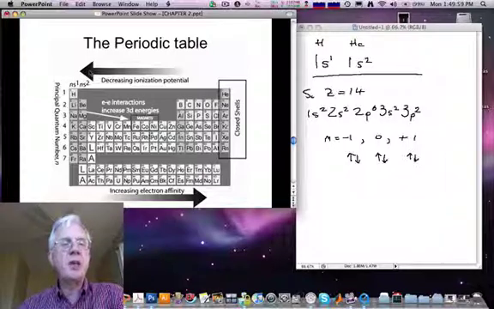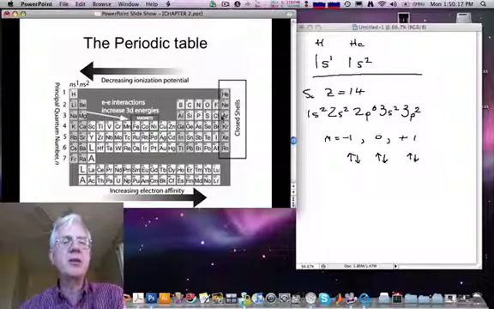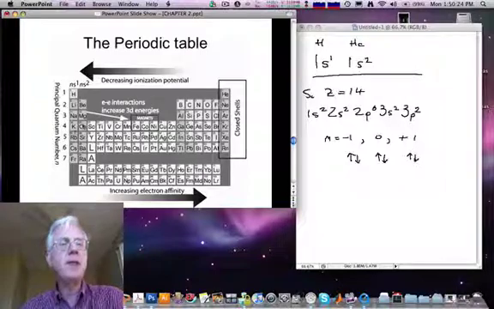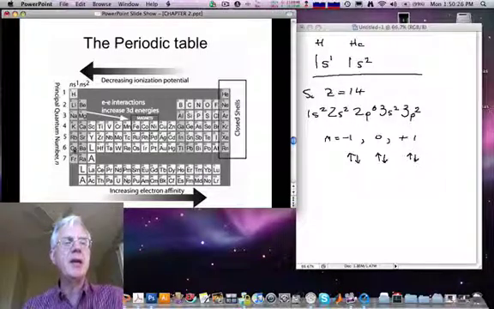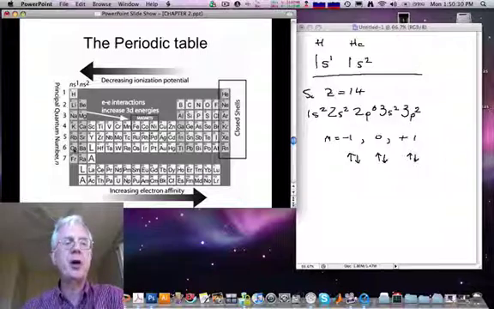The opposite of ionization potential is electron affinity, which is the energy gained by adding an electron to form a negative ion. So chlorine really loves to form a negative ion, for example, because it now has a closed shell configuration like argon, and therefore has considerable energy to be gained by forming a chlorine ion. On the other hand, the last thing that any of the alkali metals want is an extra electron.